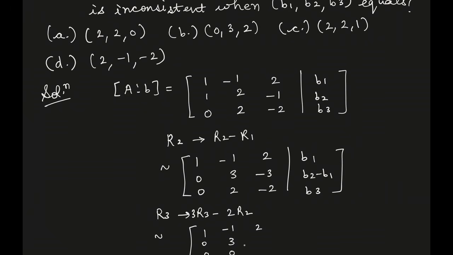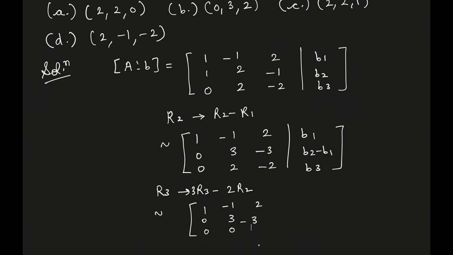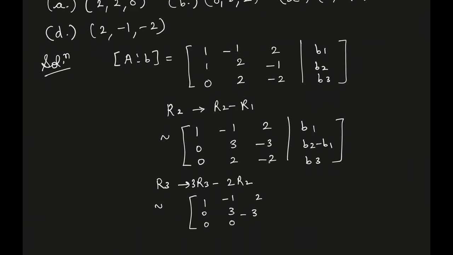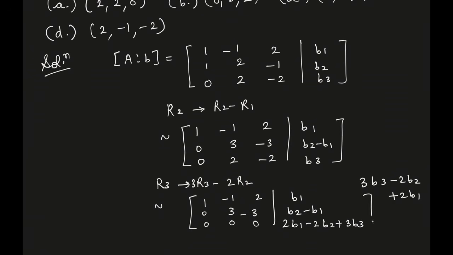1 0 0, minus 1 3 0, 2 minus 3, 3 into minus 2 minus 6 and plus 6 gives 0, b1, b2 minus b1. So this will be 3b3 minus 2b2 plus 2b1. So I can write it as 2b1 minus 2b2 plus 3b3.